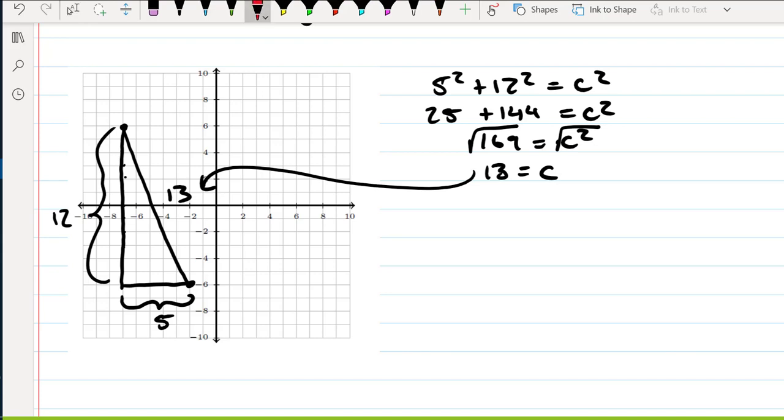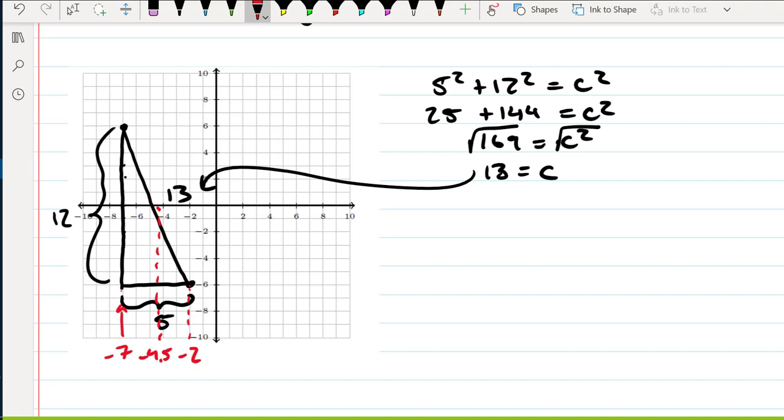came from. Similarly, if I look at these in terms of x's and y's, here my x value is negative 7, and here my x value is negative 2. Well, what's the number halfway between negative 2 and negative 7? Well, that's negative 4.5.